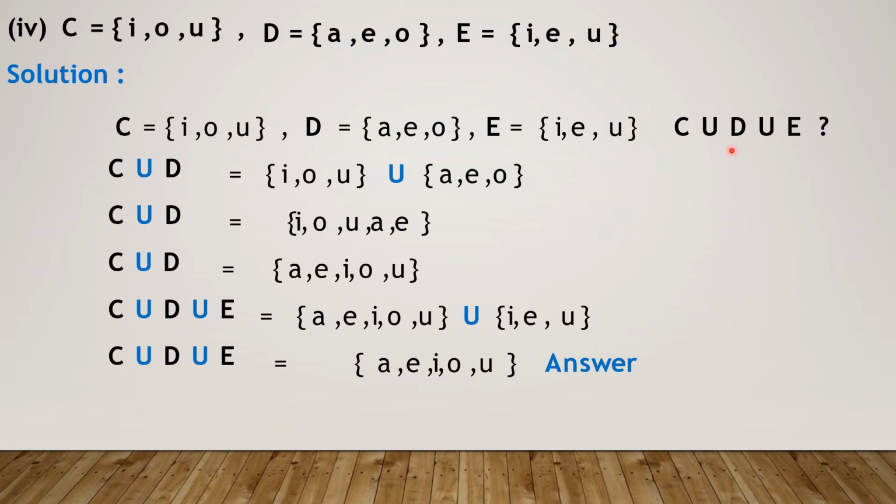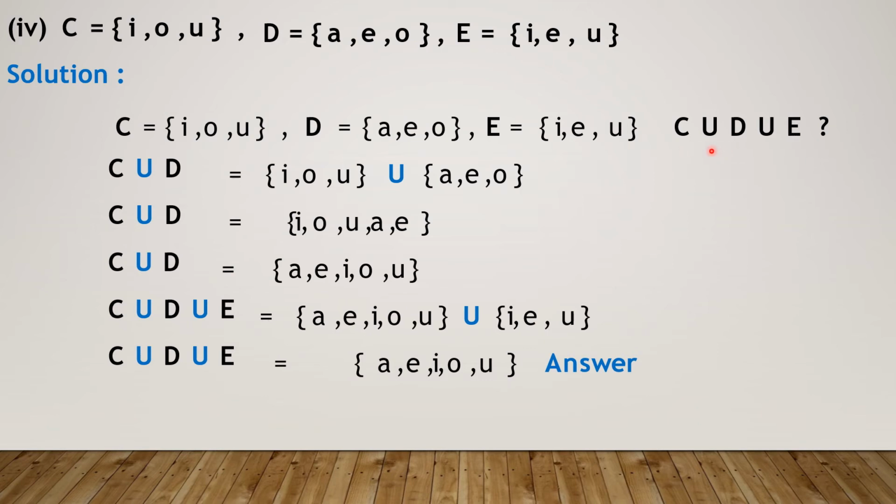Now what we have to find, we will find C union D union E. Now what is the method to find out union of 3 sets? The method is this. First we will find union of first 2 sets, means we will find C union D. Then with answer we will find union with E.